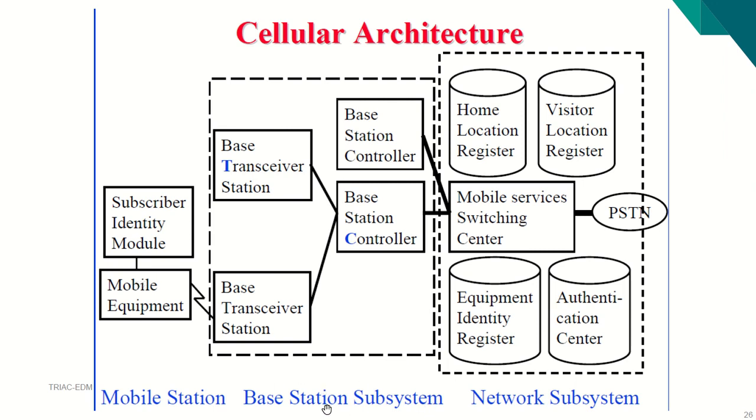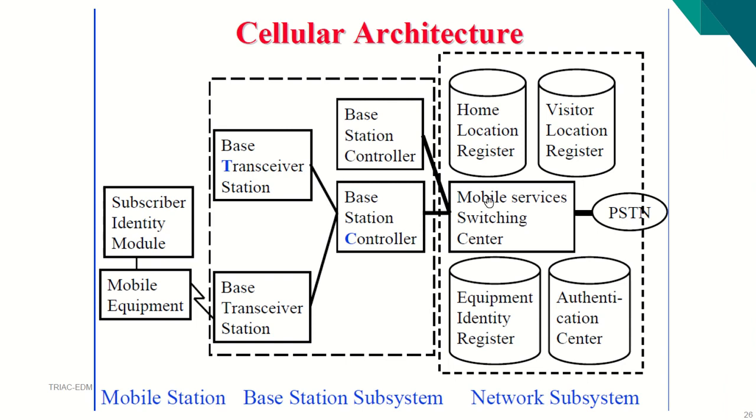So this is the mobile station subsystem, and then the base transceiver station. This whole thing is located in the base station subsystem, and then also the base station controller, and it connects to the controller, and then the controller connects to the network subsystem.